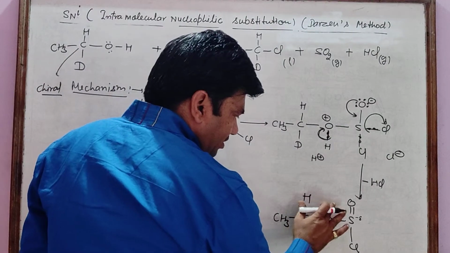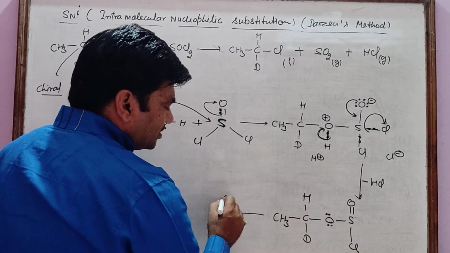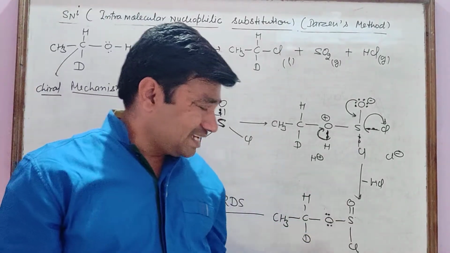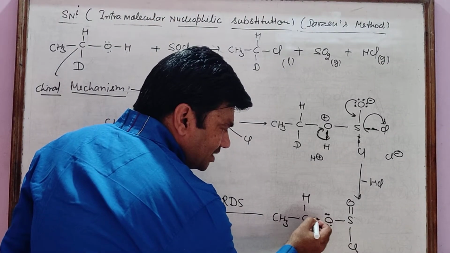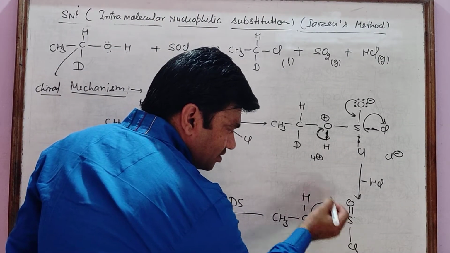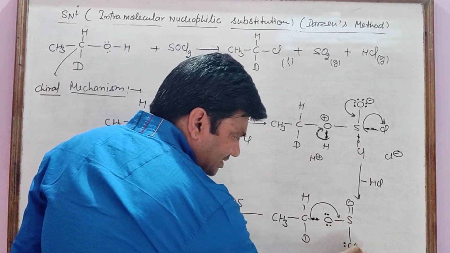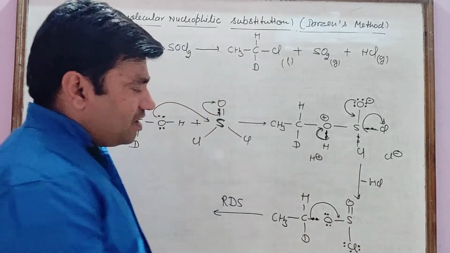So what will happen ultimately, and this is also the RDS, rate determining step, because this is a crucial step, right? In this step, this bond will shift towards the sulfur atom, and now you can say chlorine has three lone pairs of electrons.